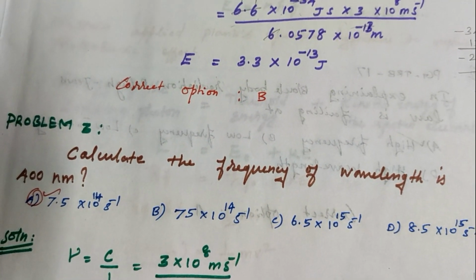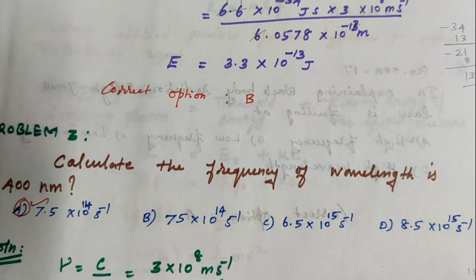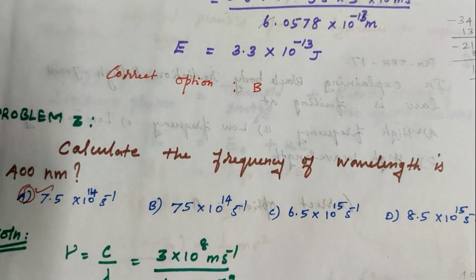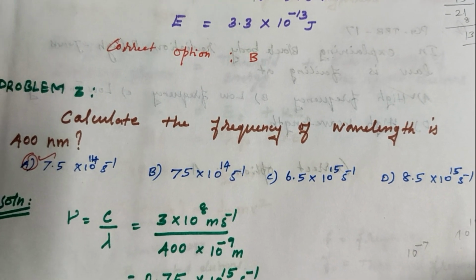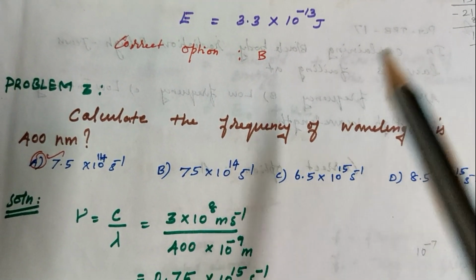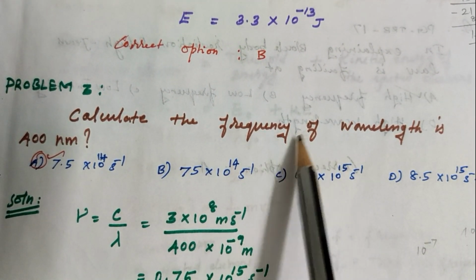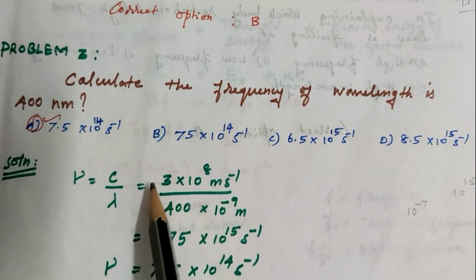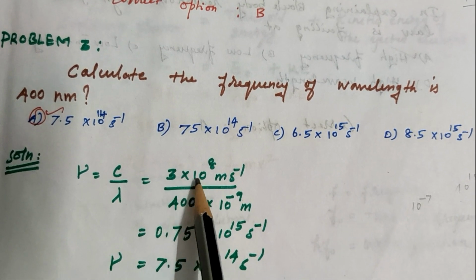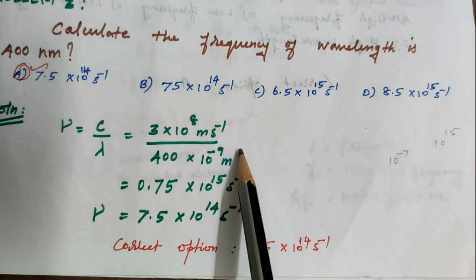Next, problem number 3. Calculate the frequency for a wavelength of 400 nanometer. The four options are given. For the solution, we are asked to calculate frequency, and the wavelength is given. So nu is equal to c upon lambda. The value of c is 3 into 10 to the power 8 meter second per minus 1.